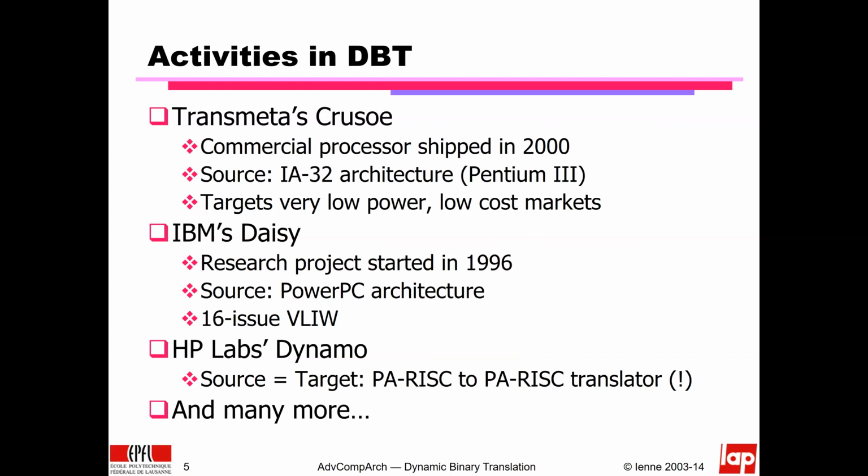To my knowledge, IBM never did anything commercially based on this technology of dynamic binary translation, but there was a commercial processor, a company that has been in stealth mode for some time, and then came to be known, that was selling a processor that was compatible with x86, surprise, surprise, based on this technology. And so we will discuss some of the aspects.